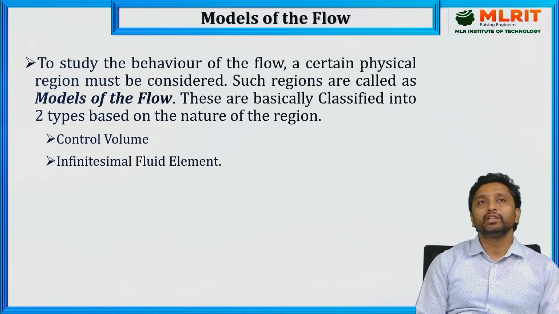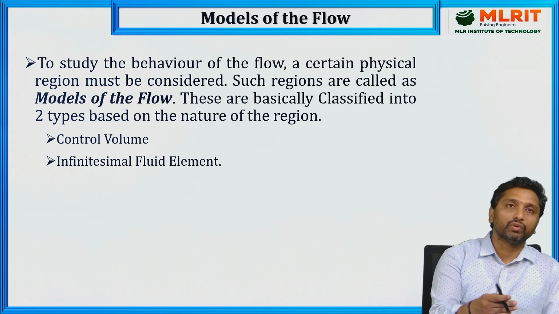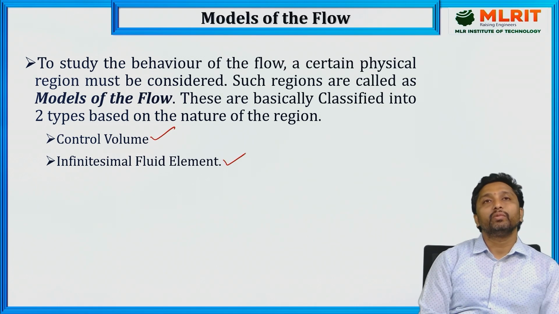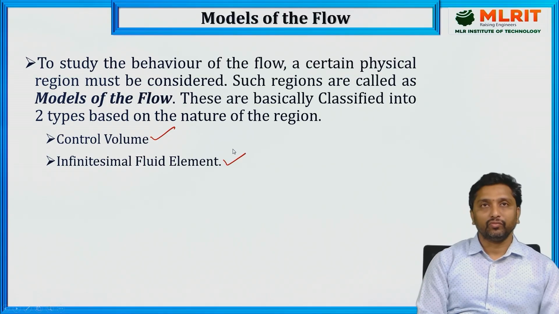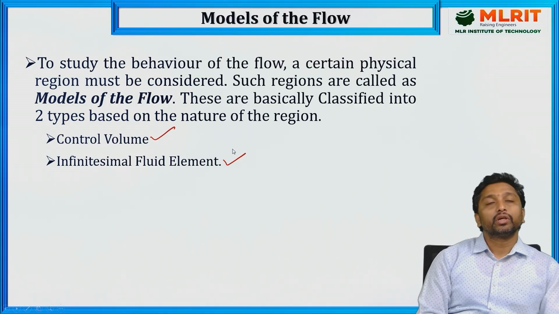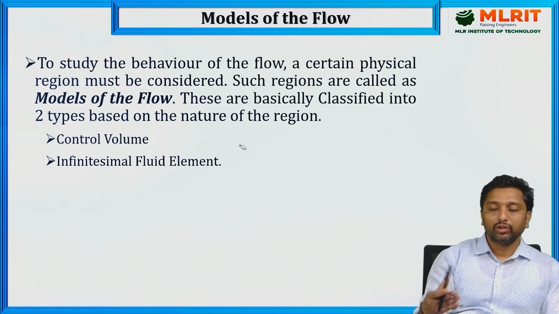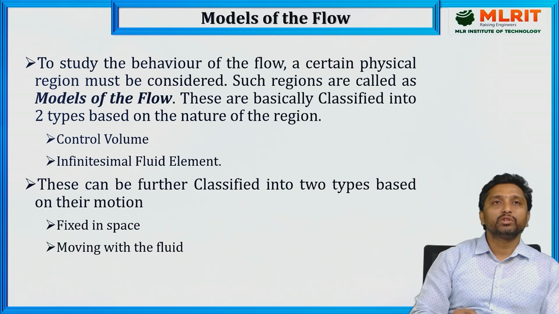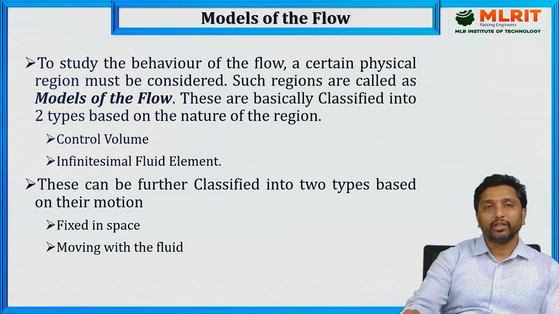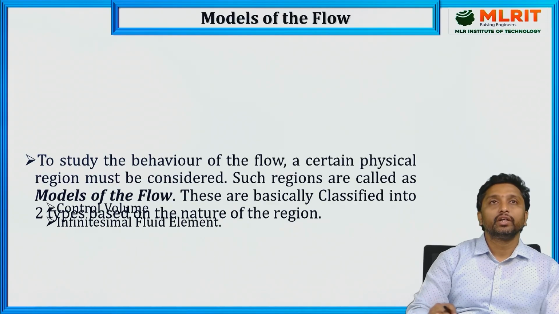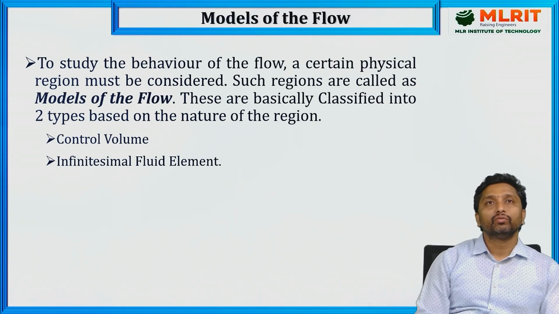Basically these are classified into two types. One is control volume and the other is infinitesimal element model. Coming to the control volume model. Control volume is basically a region in space with a specific volume.